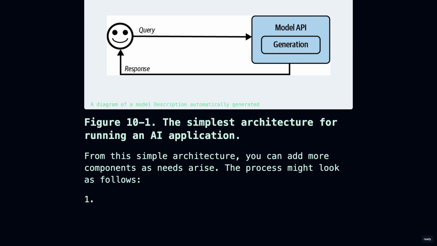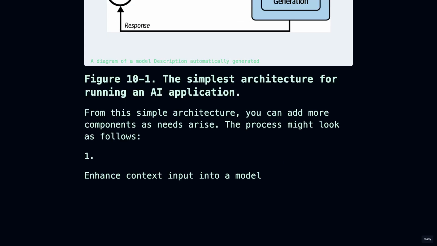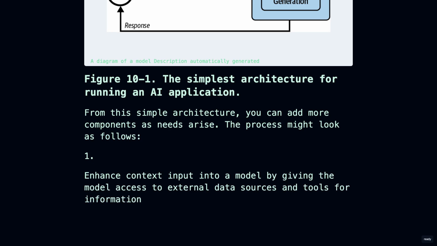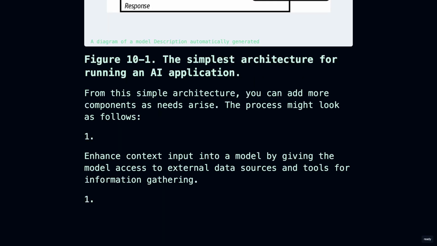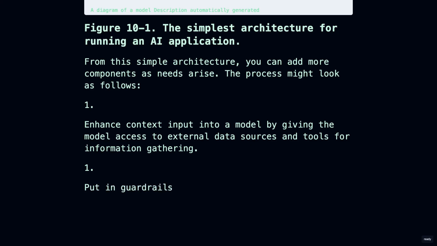1. Enhance context input into a model by giving the model access. 2. Putting guardrails to protect your system and your users. 3.